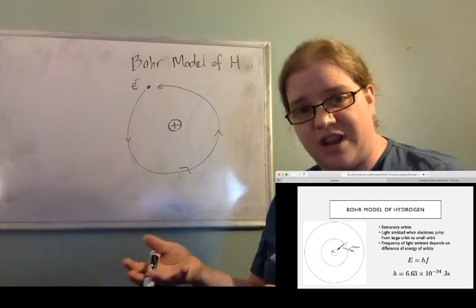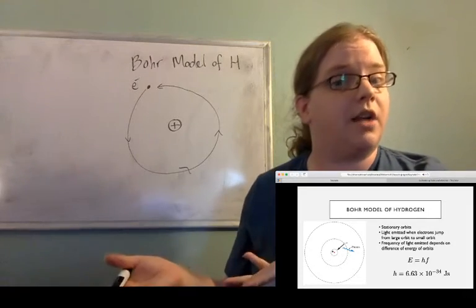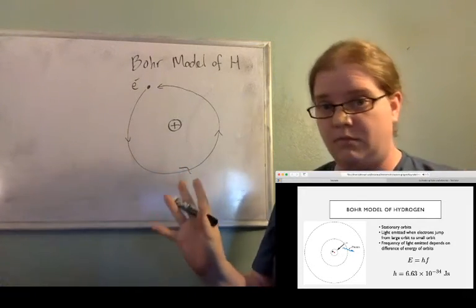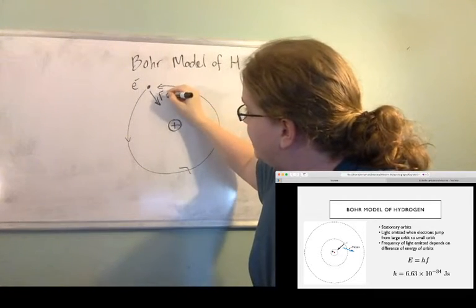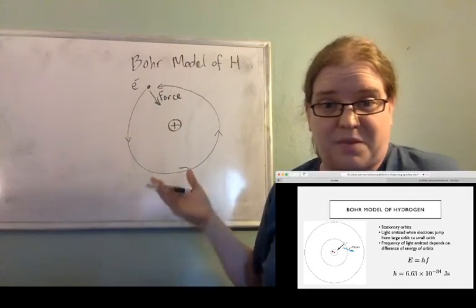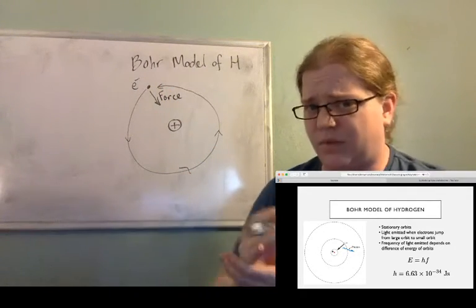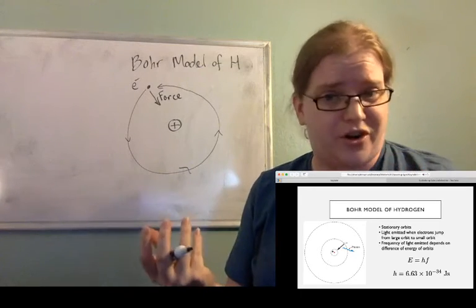So your direction changes, your velocity changes, you're accelerating. Okay, that's fine. I don't mind that. I have a force that pushes me this way. If I have a force and I have mass, the electron's mass, sure, I'd have an acceleration. What's the problem with that? The problem is that these are charged.